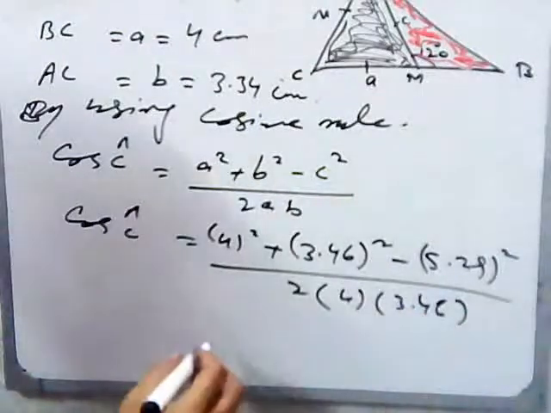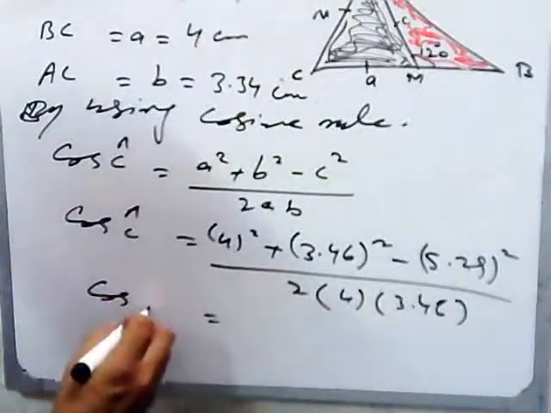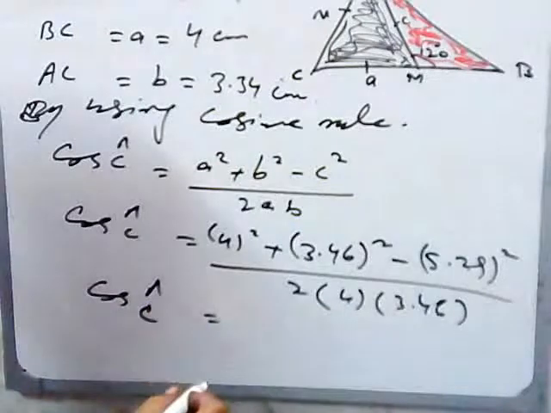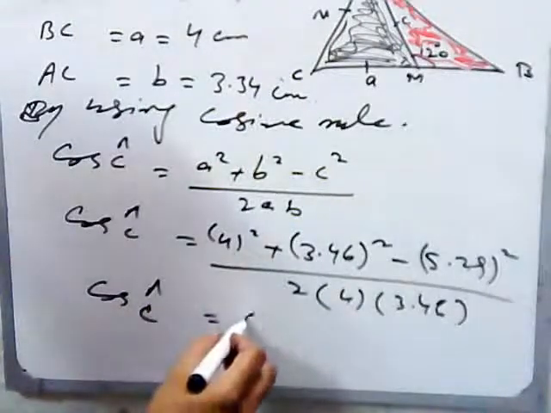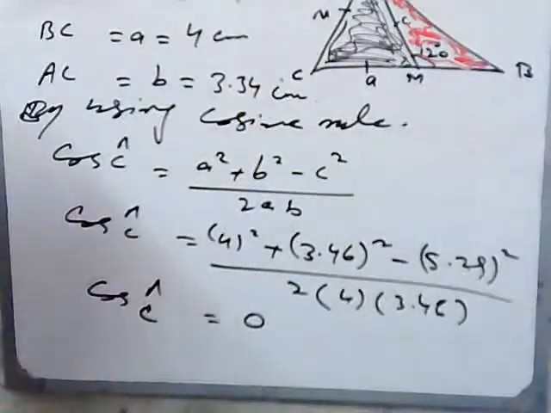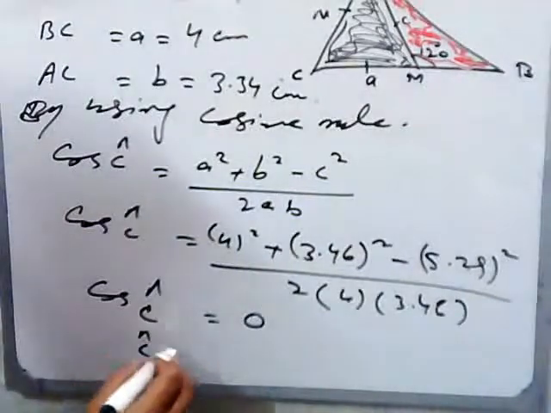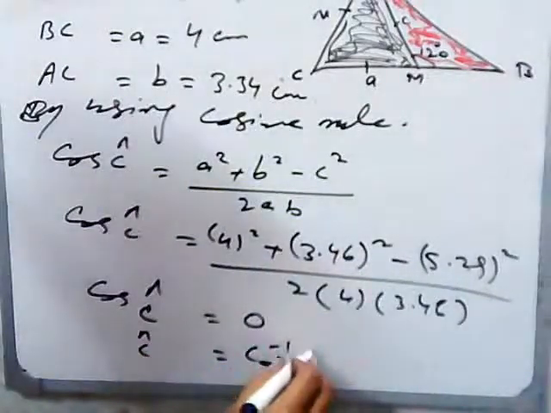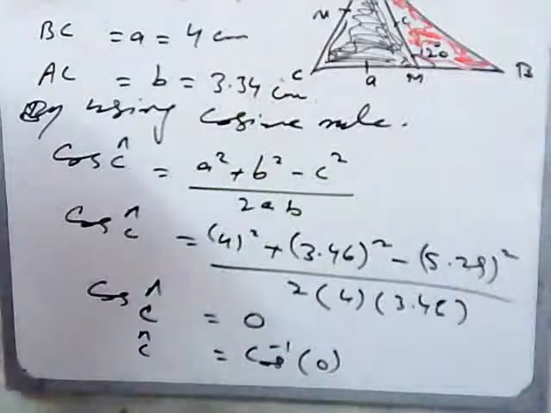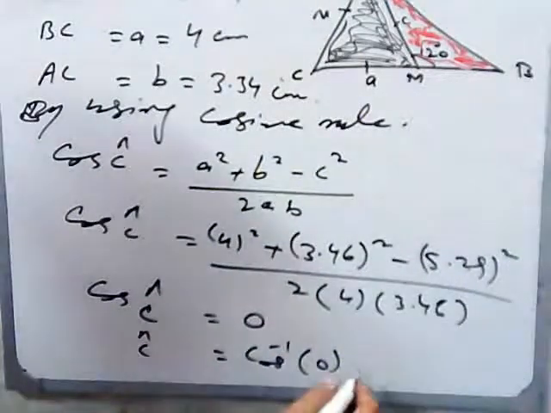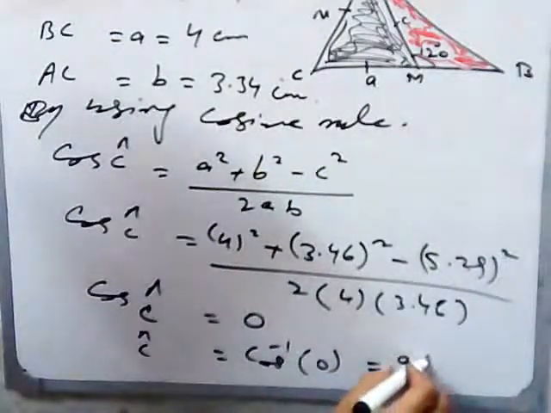So after simplification, cos C is equal to, unfortunately, we get 0. So we need the angle, so it will be cos inverse of 0, and that is equal to 90 degree.